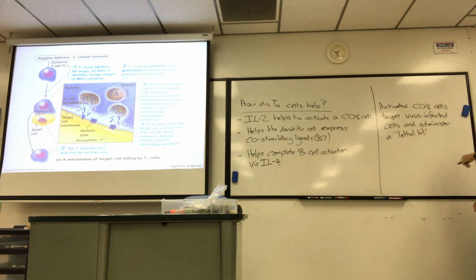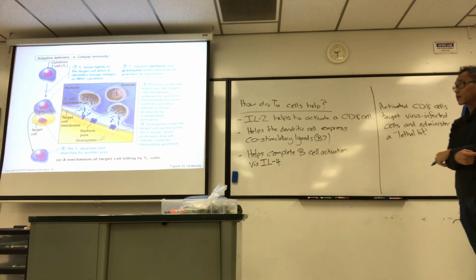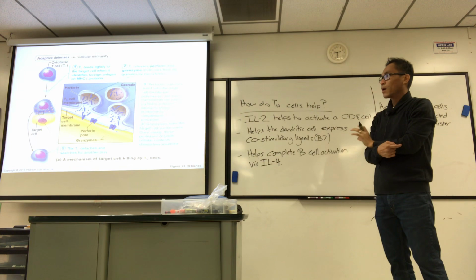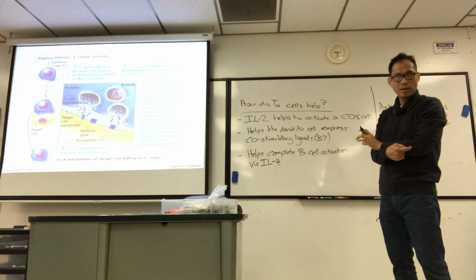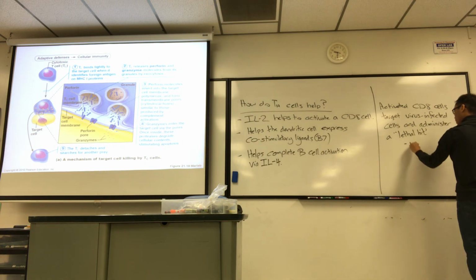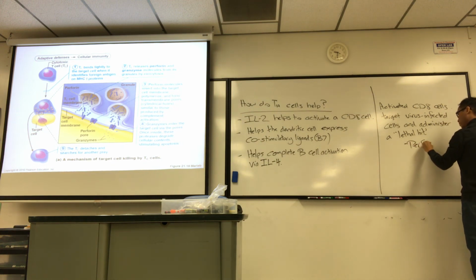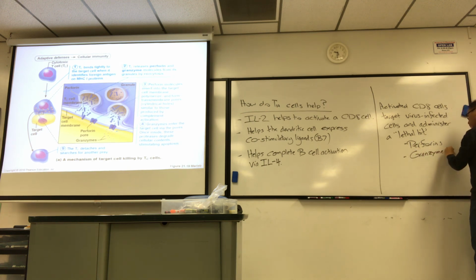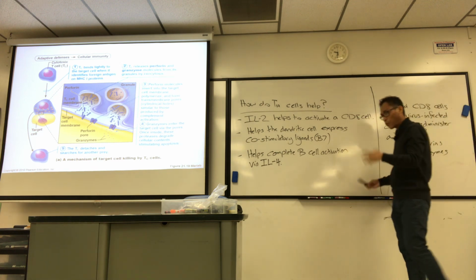So on that slide, read through it. What you want to do is look at the perforins and granzymes. That's how they're killing the cell. Perforins, granzymes, that's the quote-unquote lethal hit.